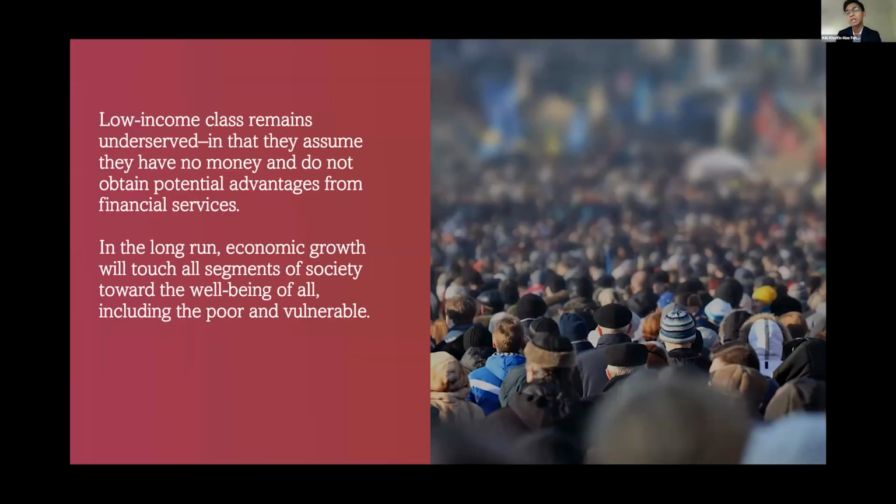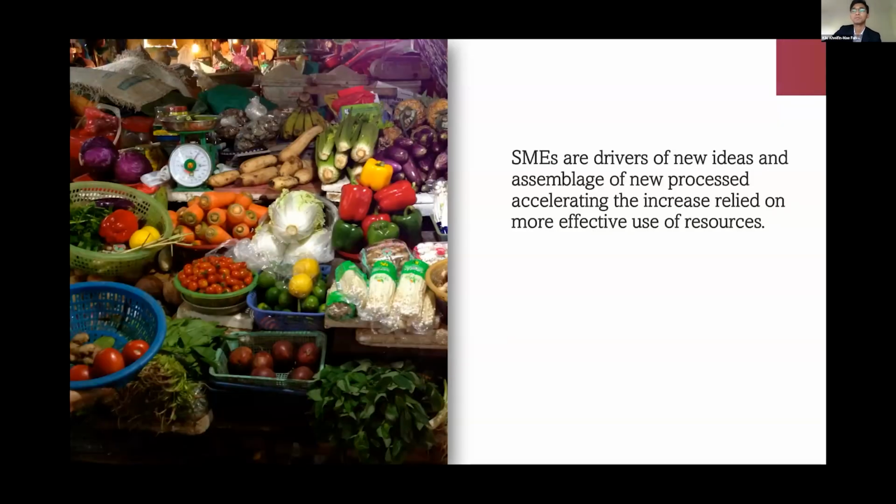But there is still a long-standing conundrum: excluded people are still left behind in the development of financial inclusion, especially the low-income class, which remains underserved because it is assumed they have no money and don't obtain potential advantages from financial services. But we are still optimistic because in the long run, economic growth will touch all segments of society toward the well-being of all, including the poor and vulnerable.